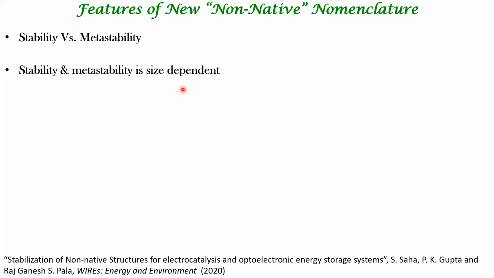What is metastable in a particular size regime can be the stable structure when you decrease the size of the crystal. So we wanted to avoid these kinds of definitions, even though they have their own power.